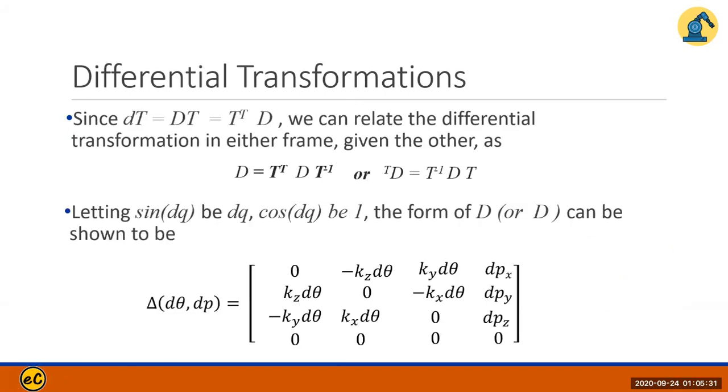And for the differential transformation, you can say dT equals delta times T, or the transpose of T times delta. These are equivalent. And what are these? You have delta, d, theta, dP. P is the points that are changing, so you will form a delta matrix. The delta matrix is the change of the positions.